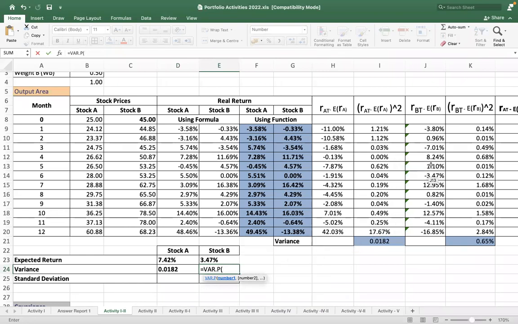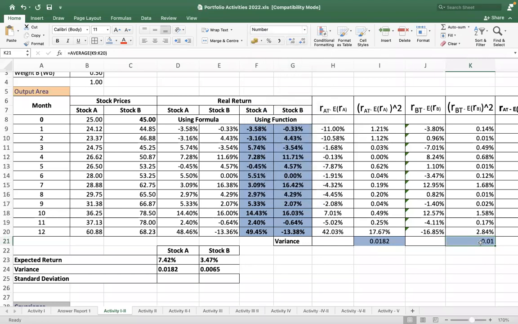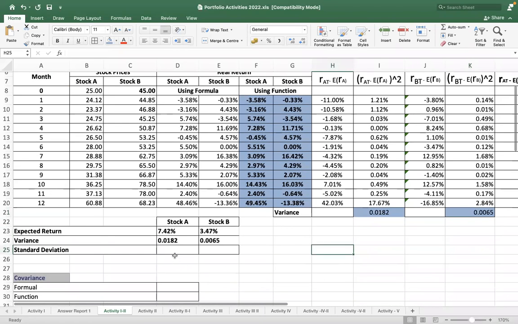For the stock B, variance of population here. Right.